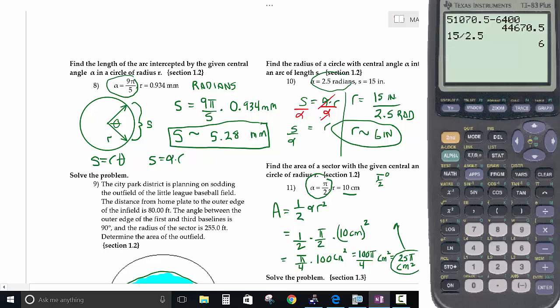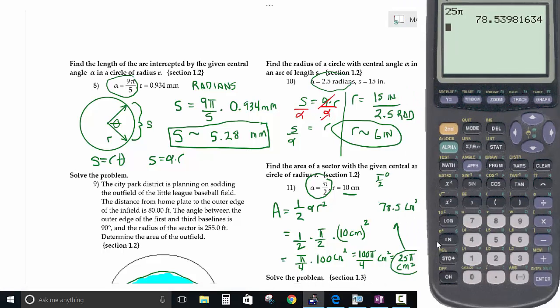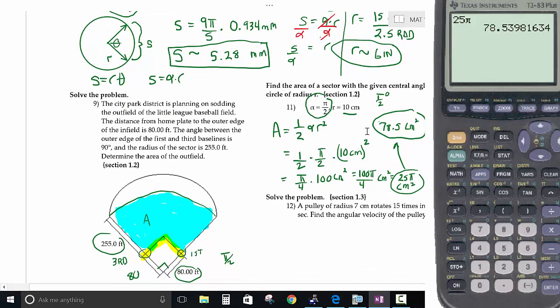Of course, if you went to the calculator, you would go 25 and then multiply that by the pi key, and then that'll give you this answer, so you could round that off if you wanted to. And we'll just say that's about 78.5 square centimeters. So there's an exact answer to these problems, and then there's an approximate answer, so you want to pay attention to what you're being asked for. Okay, so that's how that goes.